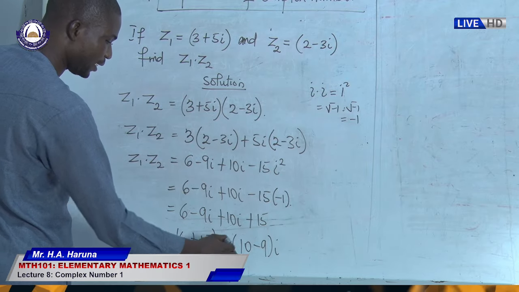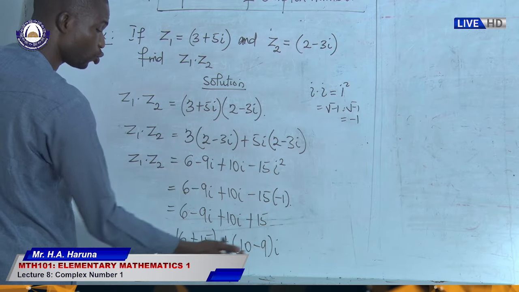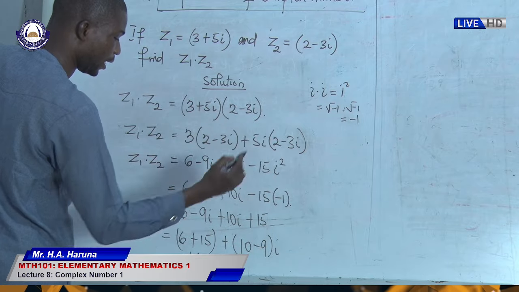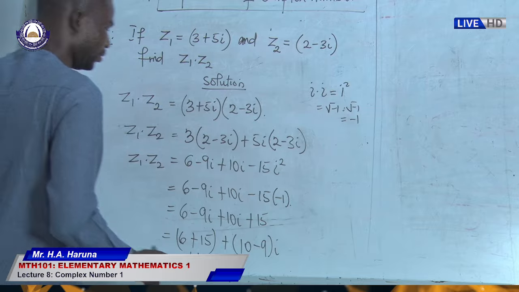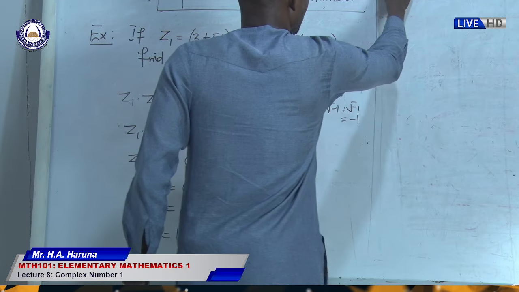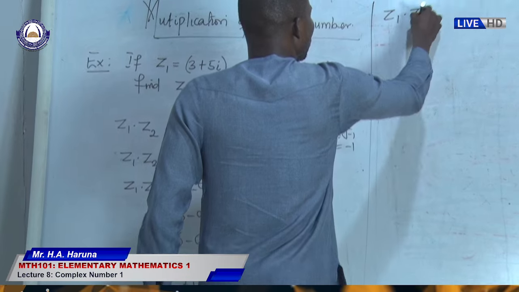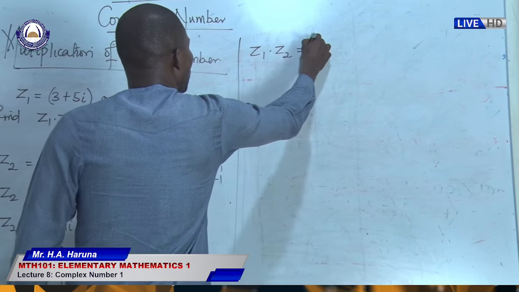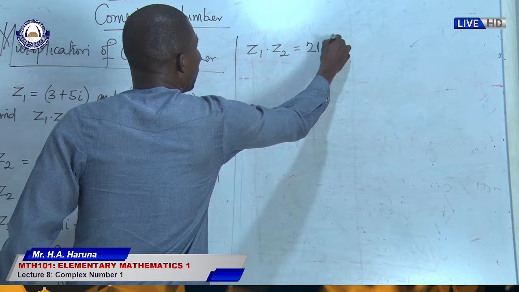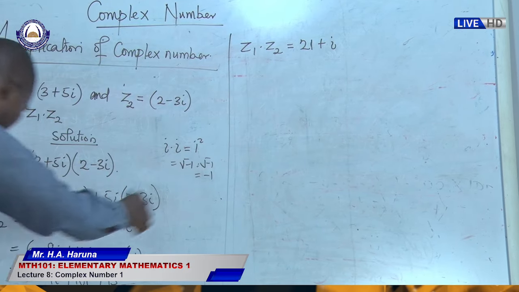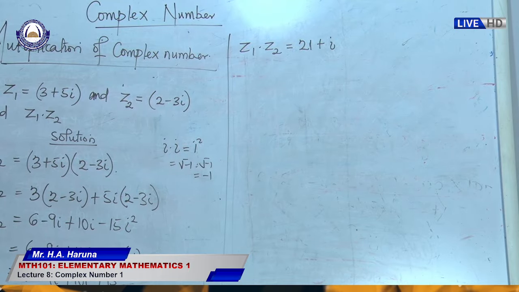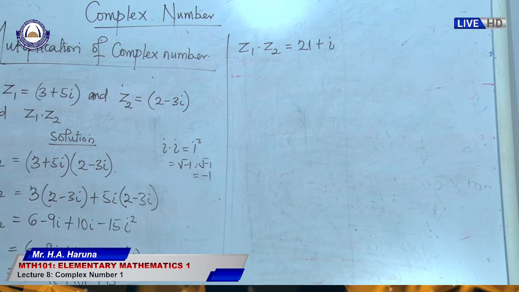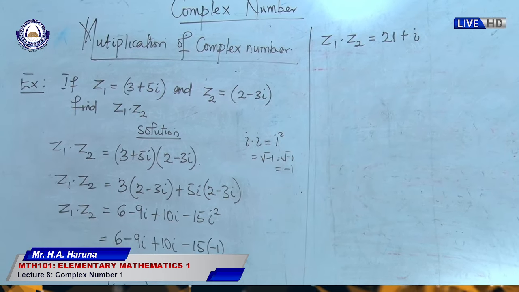Then plus 10 minus 9 is 1. So 1 times i gives you what? i. So in that case, our solution, Z1 dot Z2 equals 21 plus i. That's the correct answer. So you can see clearly how the multiplication goes.